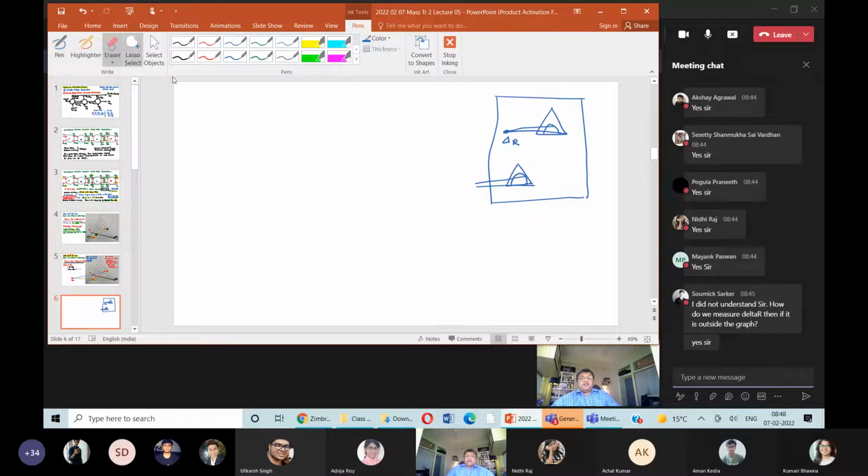So many times what I suggest is, if you are using an A4 sheet, it is actually better to use it in landscape mode for better results. This triangular plot we often make because it is not available. And this is your delta R point, right? Is it clear, Shomik?